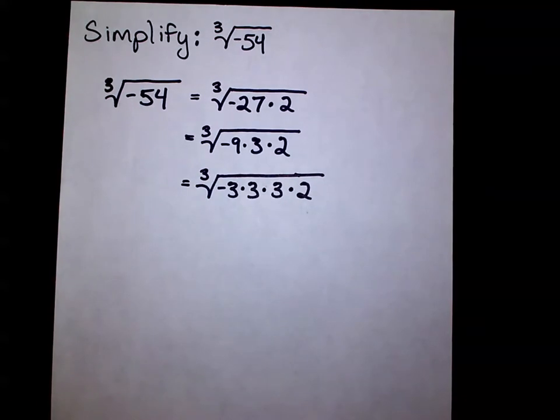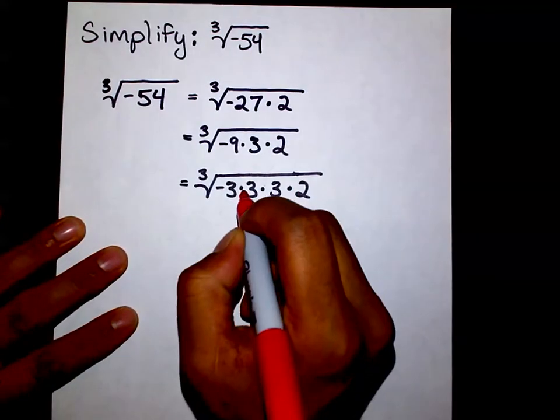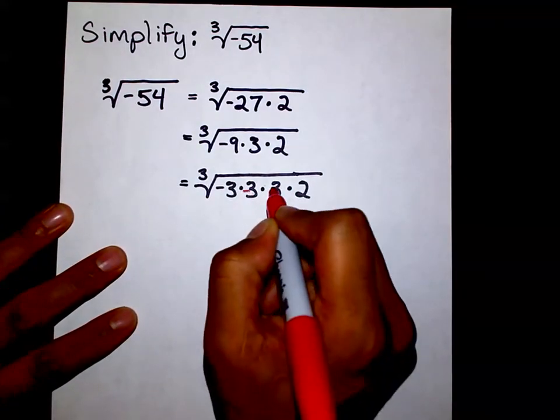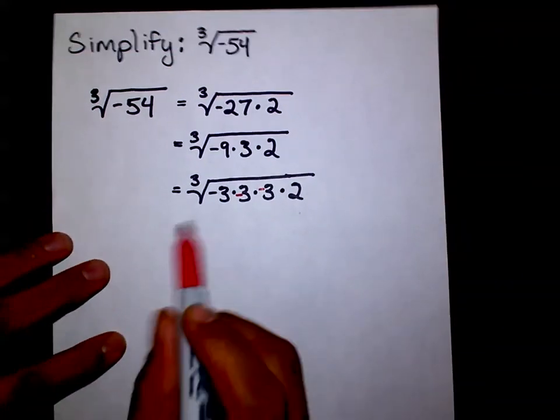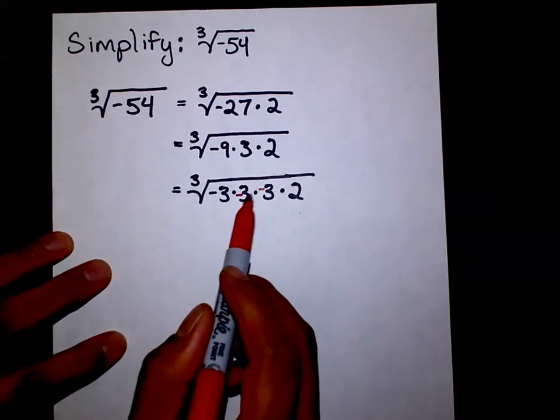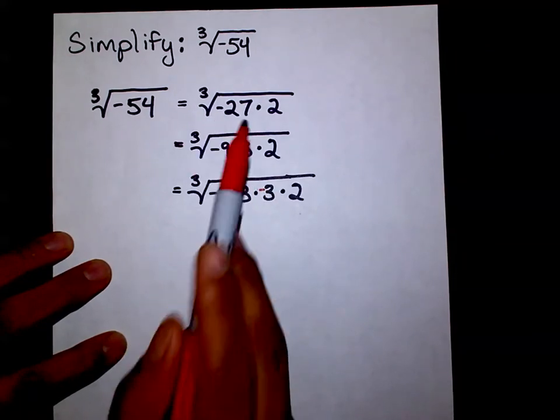Alright, so that's what I'm going to do. Here we go. So now what I'm going to also do is add these negative signs here to these 3's, okay? Because negative times a negative is a positive, but times another negative is a negative, so this still really makes negative 27.